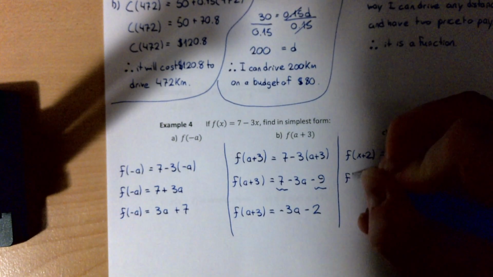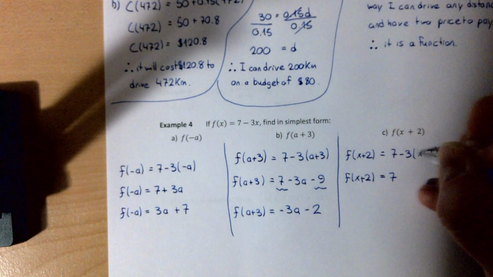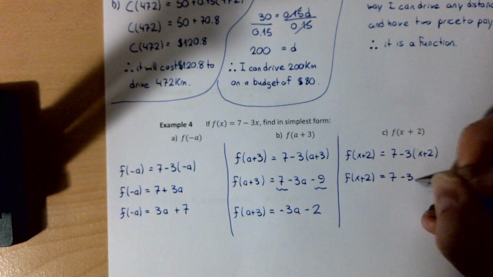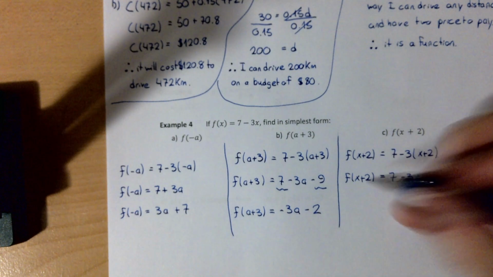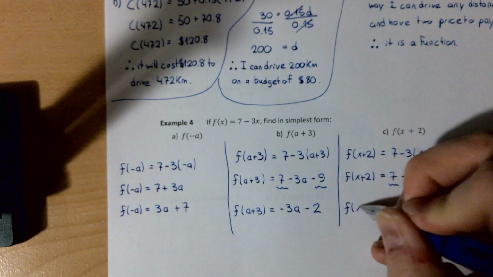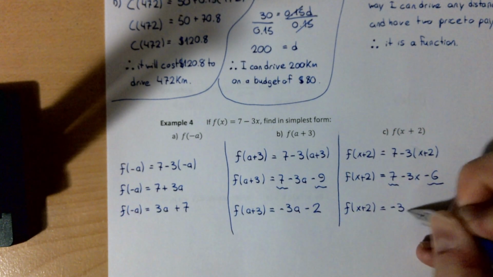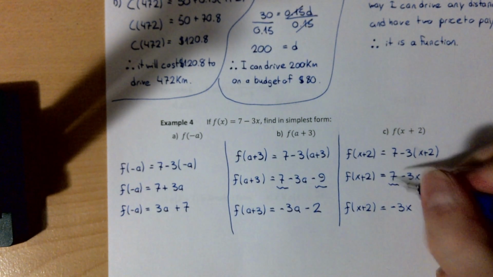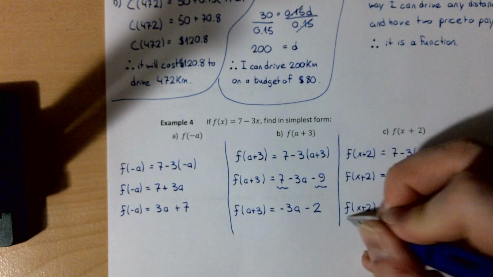So this side I'm just copying, x plus 2 is equal to 7 minus 3 times x will give me minus 3x, minus 3 times 2 will give me minus 6, and now I'm grouping up my two constants, or my two numbers. I've got f of x plus 2 is equal to minus 3x, because like I said, I like putting the variables first, and then positive 7 minus 6, I'm just left with plus 1.